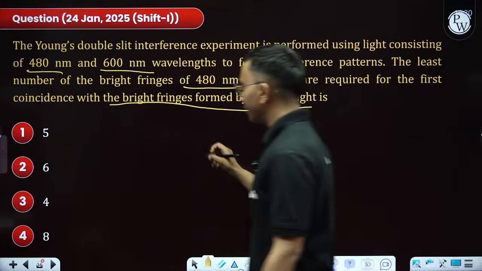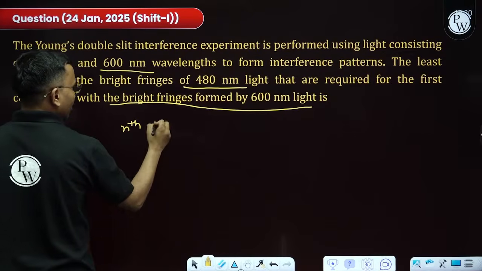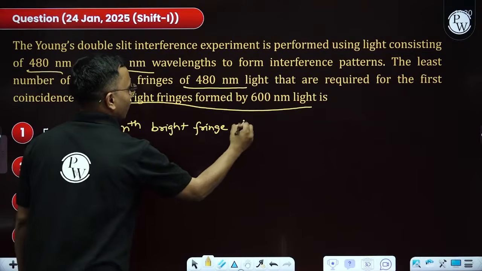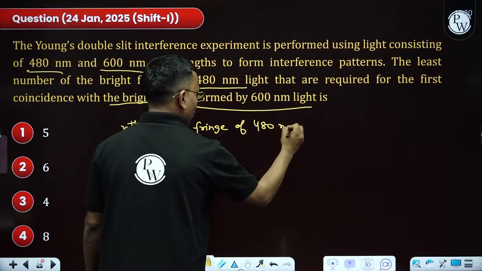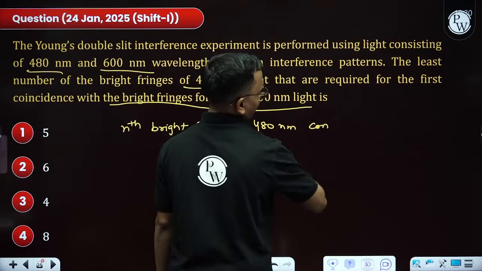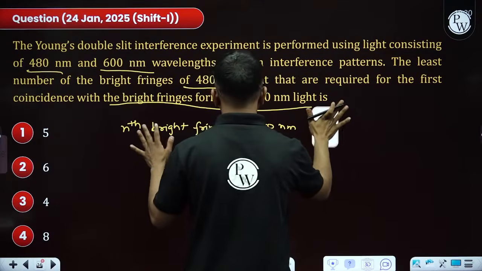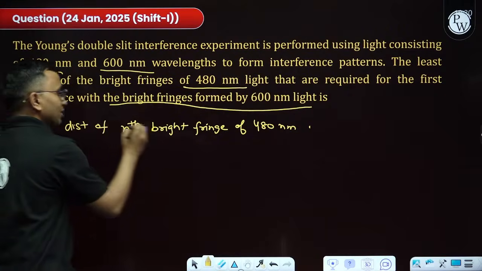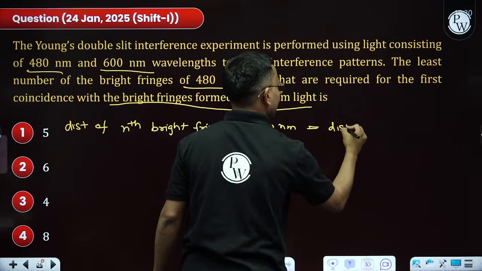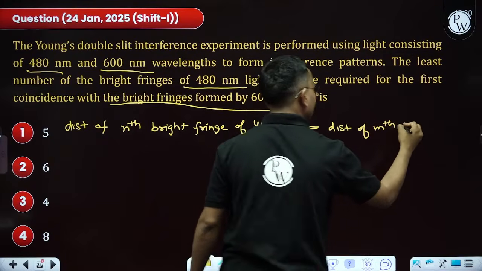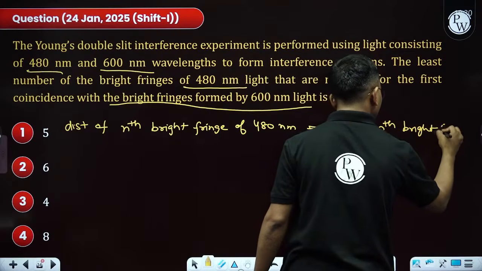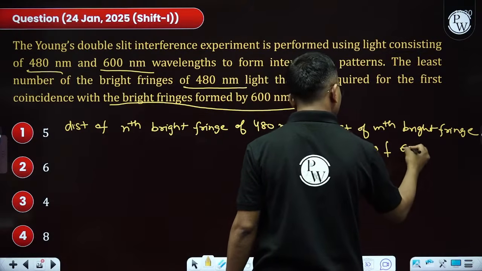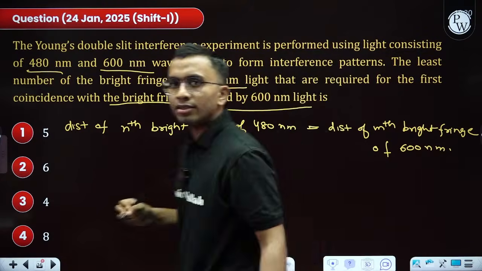Let us take the nth bright fringe of 480 nanometer coinciding. This means the distance of the nth bright fringe is equal to the distance of the mth bright fringe of the other wavelength, 600 nanometer. This is the condition.